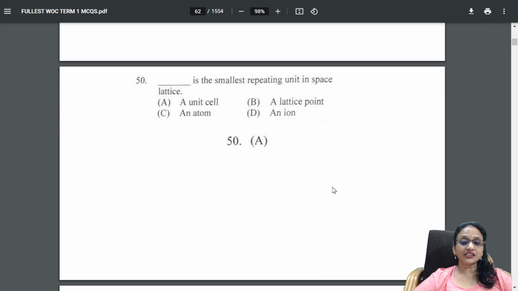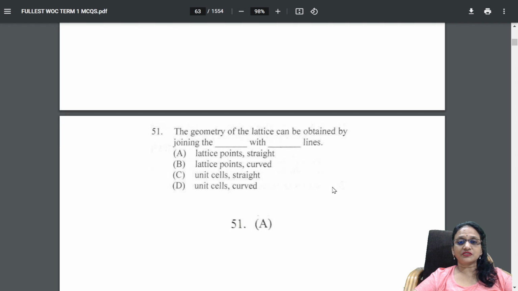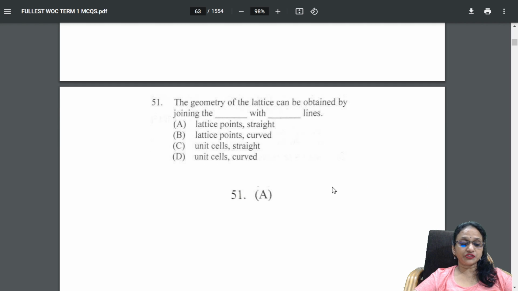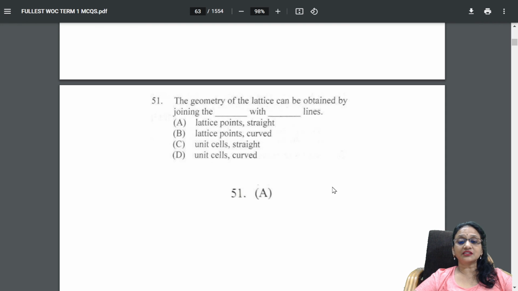Next important thing, geometry of the lattice. How are the lattice points joined? Your lattice points are either made up of atoms, molecules, or ions, so how are they joined? That is also given here.